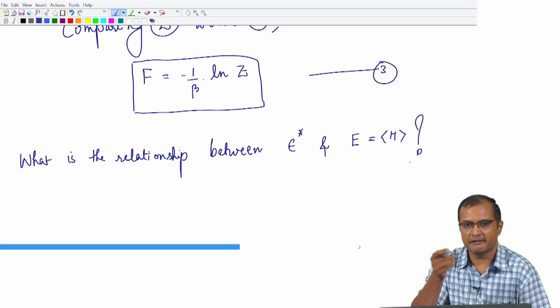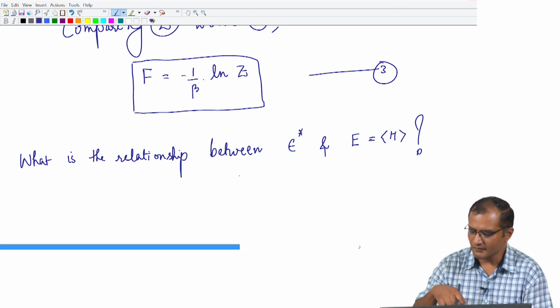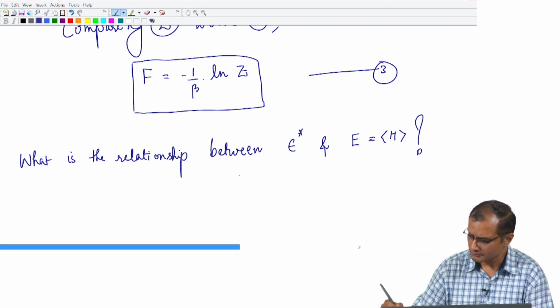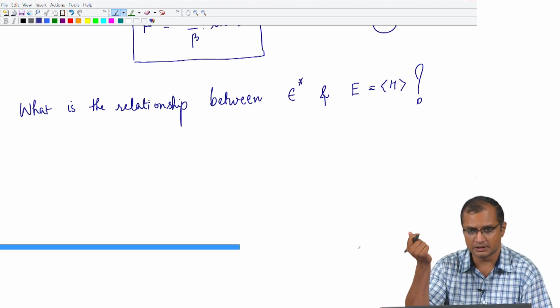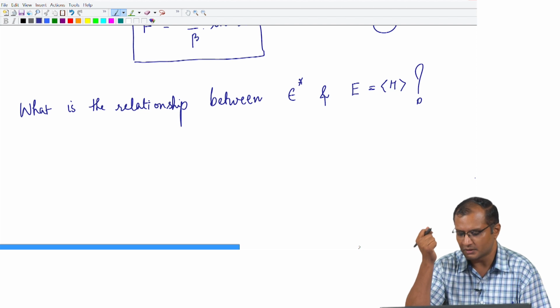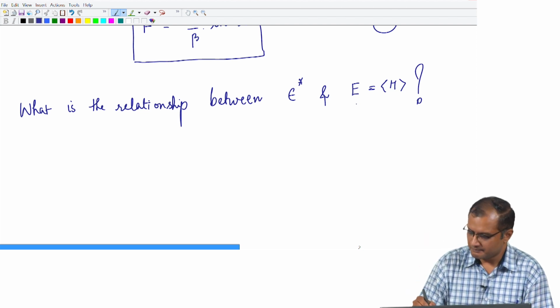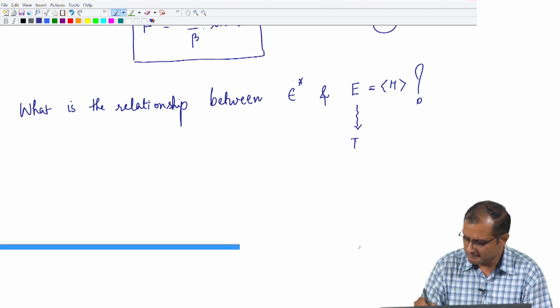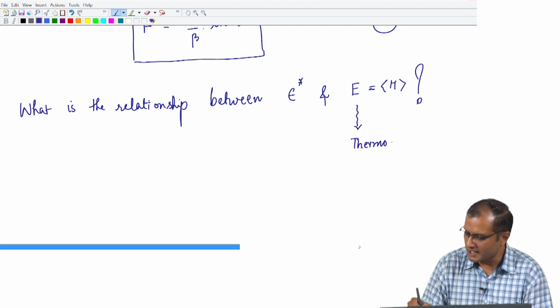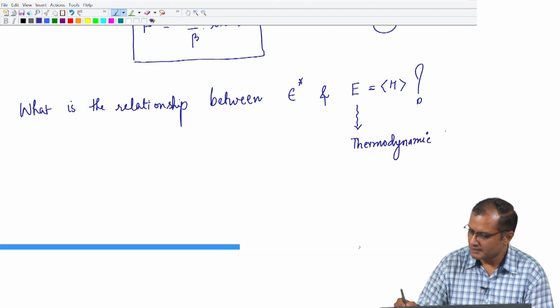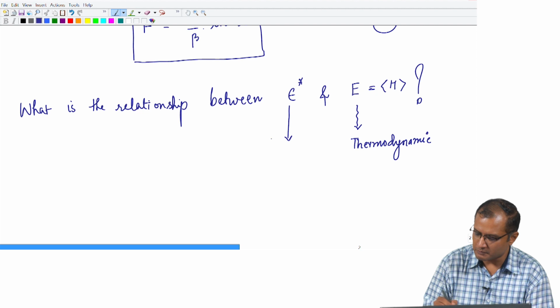Well, I have already indicated that this E star is the same as E, but if you want to study this in more detail, see, this is the thermodynamic energy or the average value of the energy, and this is the most probable energy.